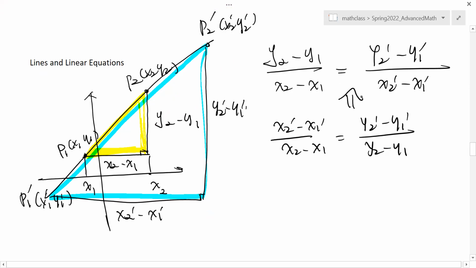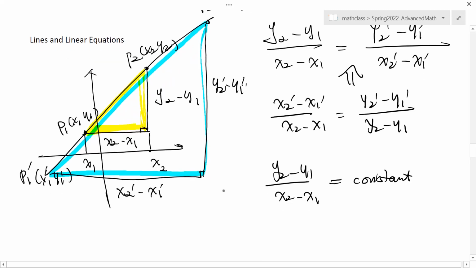Okay, so that means the ratio of the difference of y coordinates to the difference of x coordinates is going to be a constant. That constant is an invariant of the line.